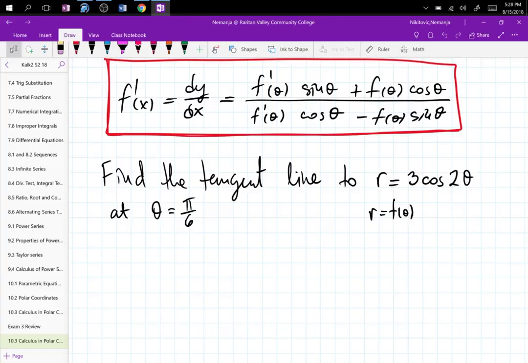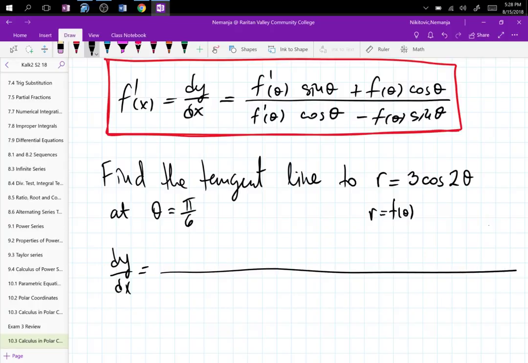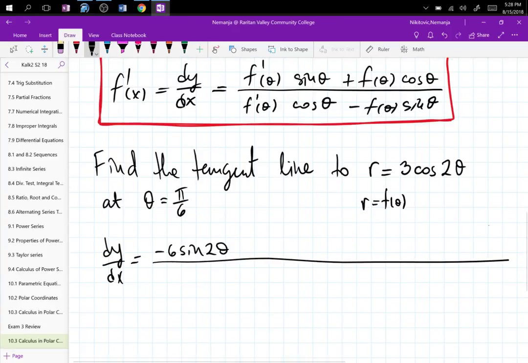So dy dx is equal to f prime of theta over the other derivative. That's just a basic derivative. The derivative of cosine is negative sine, so I have negative 6 sine 2 theta times sine theta plus 3 cosine 2 theta times cosine theta.